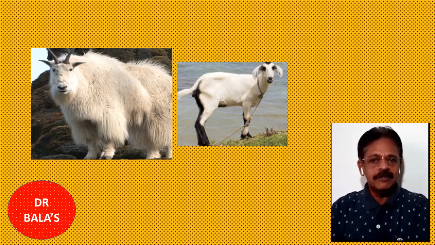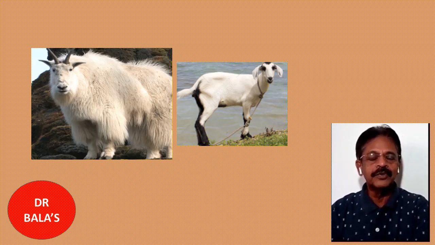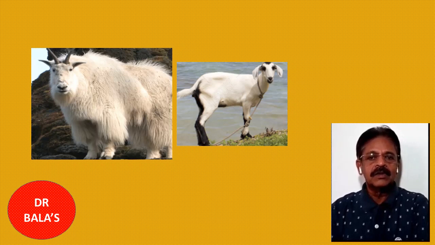The purpose of this extra fur for this animal is that it is exposed to heavy cold climate. So this animal should not lose heat. So fur becomes a protection, like a woolen cloth for you, so that it can survive in that cold environment or atmosphere.